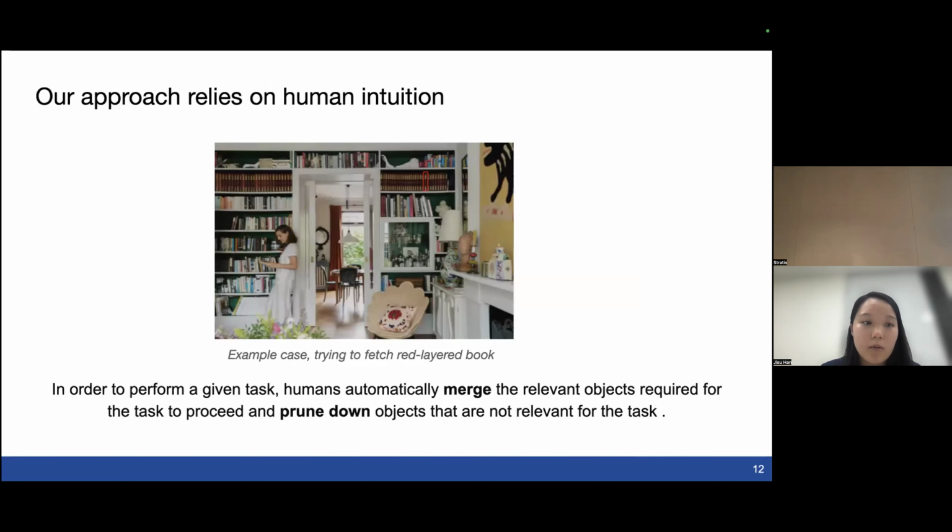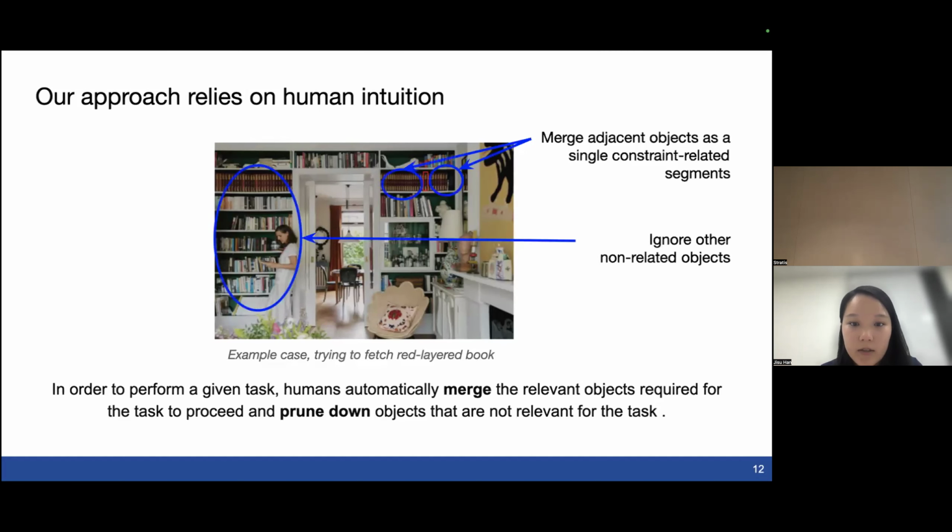To solve this, our approach relies on human intuition. For example, to perform the given task of fetching the red book, which is layered on the uppermost side, humans automatically merge the relevant objects required for the task to proceed and prune down the objects that are not relevant. We automatically merge adjacent objects as a single constraint-related segment and also ignore the non-related objects.